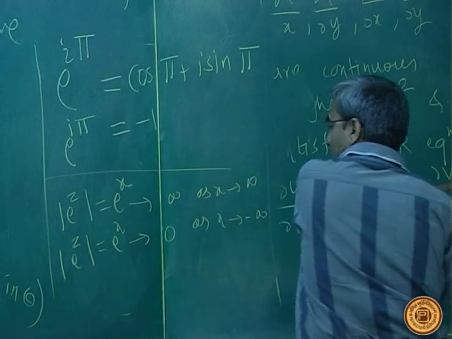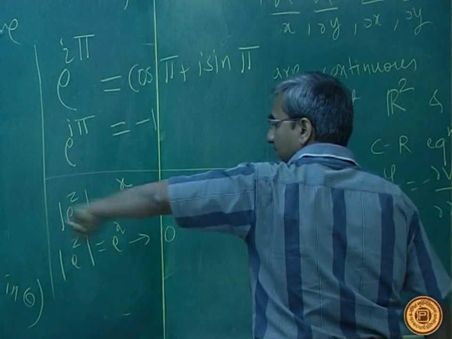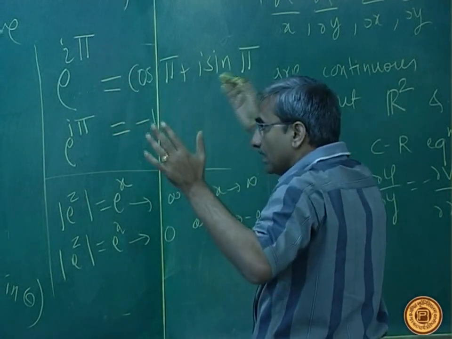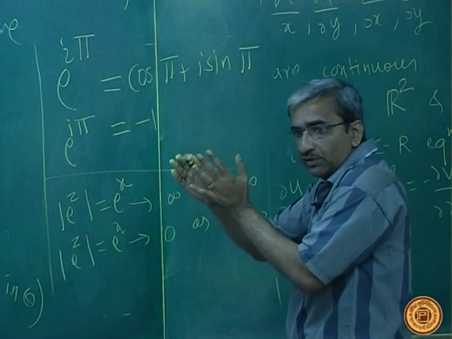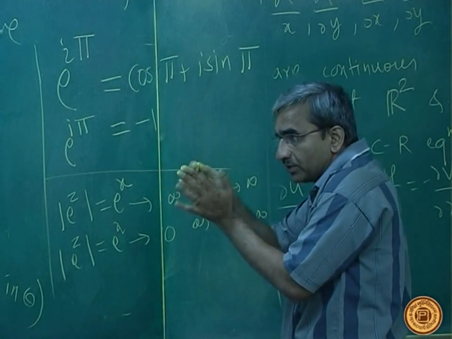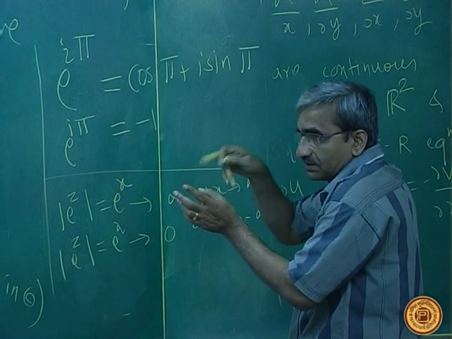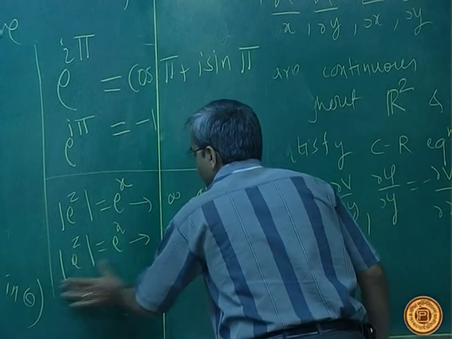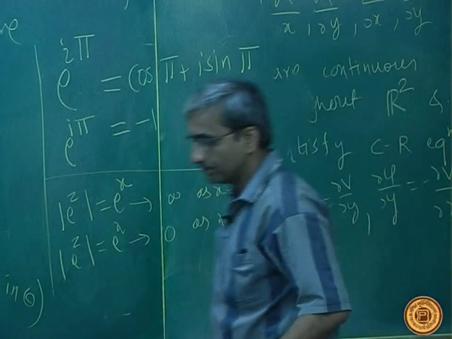So on the real axis, if you take the real part of z to be large negative, then the absolute value of e to the power z is going to 0. So it will be on smaller and smaller circles. As x goes to minus infinity, the absolute value goes to 0.